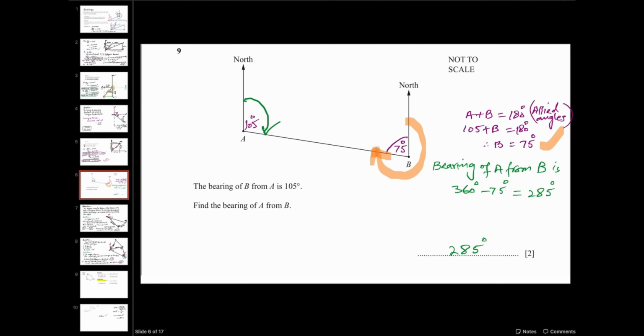Bearing of A from B is 360 degree minus 75 degree, which is equal to 285 degree. So the bearing of A from B is 285 degree.